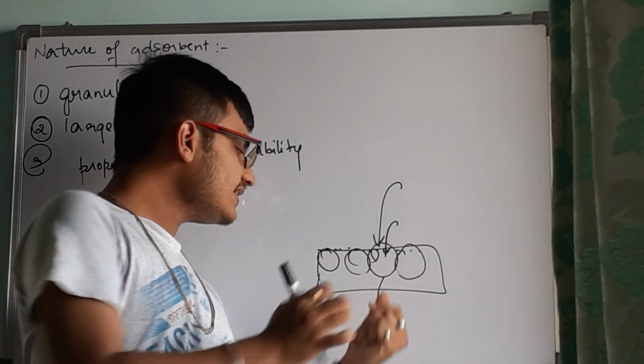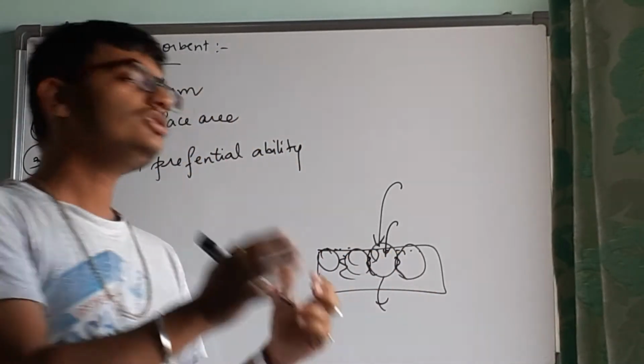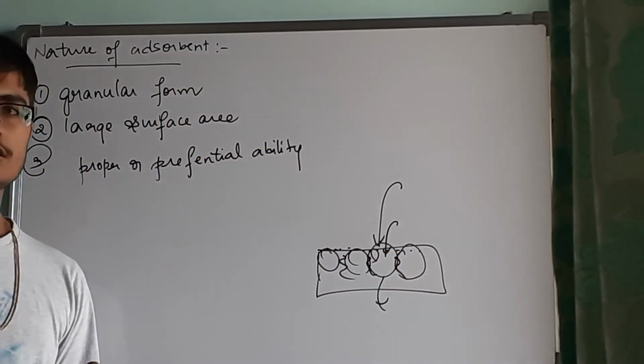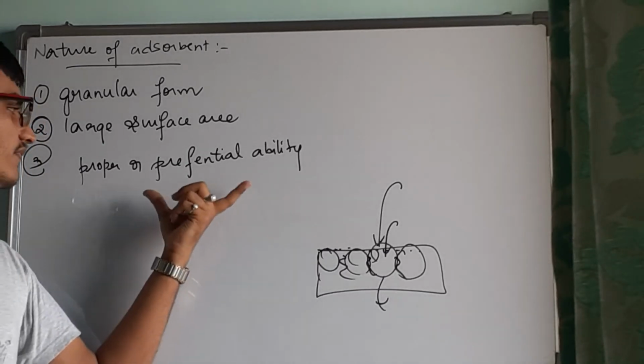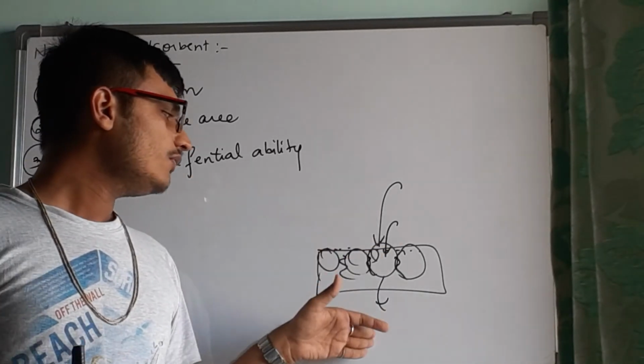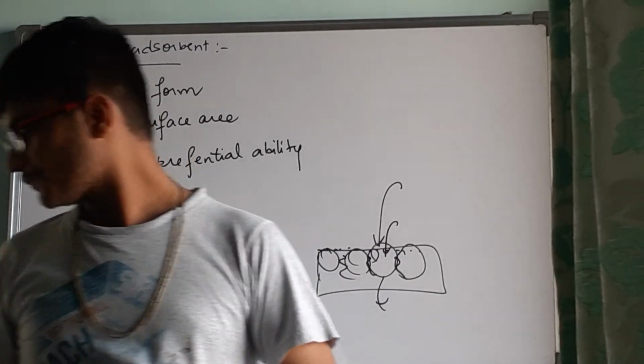If the size increases, the space decreases, so the unwanted material cannot flow easily. So indirectly it should have a preferential ability or proper ability for the process to occur.